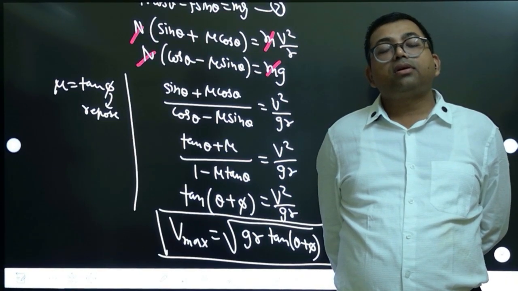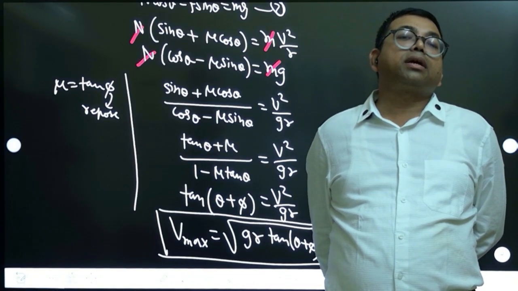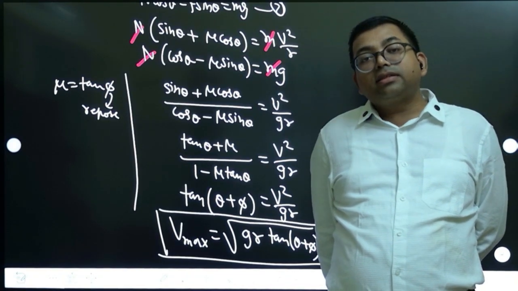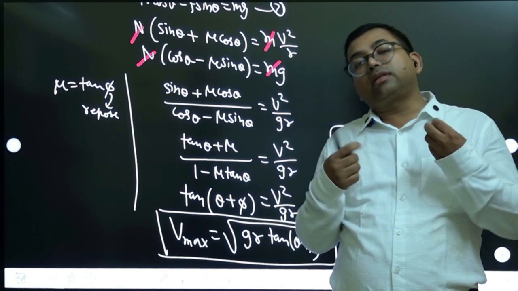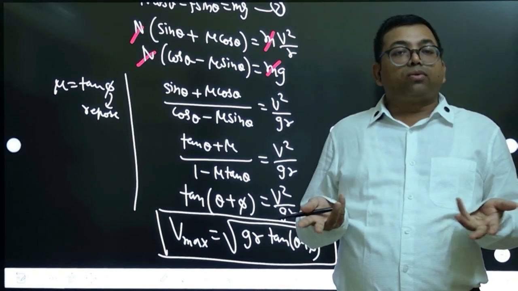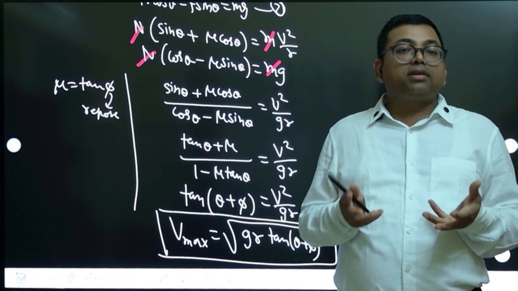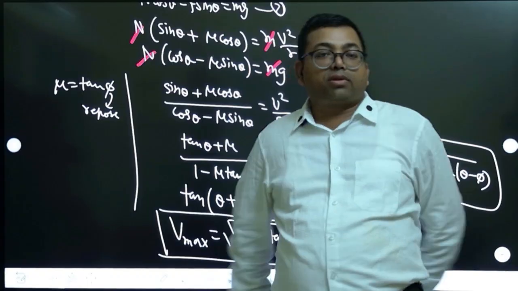Kinetic. Whenever a body is moving, we have to take kinetic friction. But if nothing is given, whatever mu is given, you take that mu as the mu, right? So if nothing is given, that mu itself you have to take.